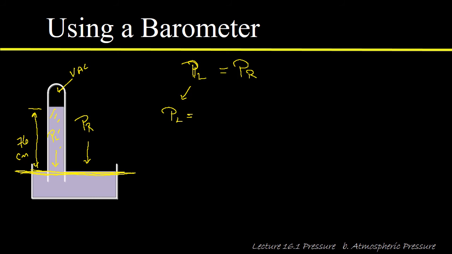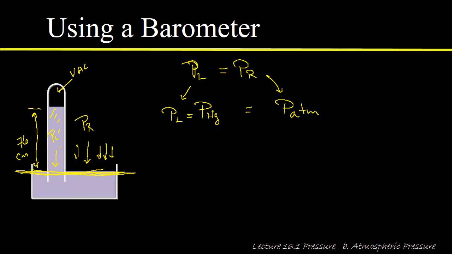So on the left-hand side, the only pressure that we've got is the pressure due to this column of mercury. Okay? On the right-hand side, the pressure on this surface right here is the pressure due to the weight of the atmosphere pushing down. So on the right-hand side, the pressure is atmospheric pressure.